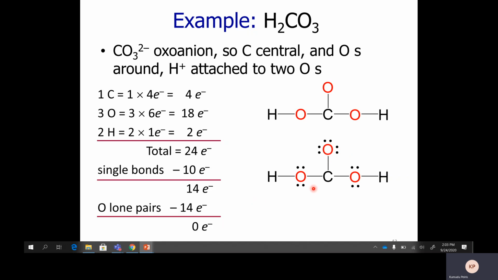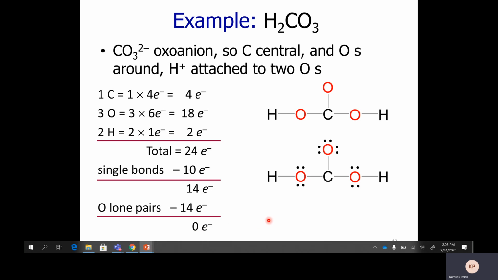Altogether, if we count the electrons on these oxygen lone pairs, 1, 2, 3, 4, 5, 6, 7, 8, 9, 10, 11, 12, 13, 14. So we subtract the 14 from the 14 which was left, and we do not have any remaining lone pairs.